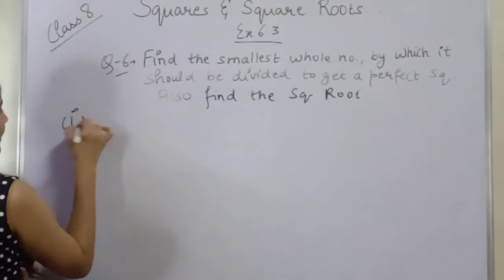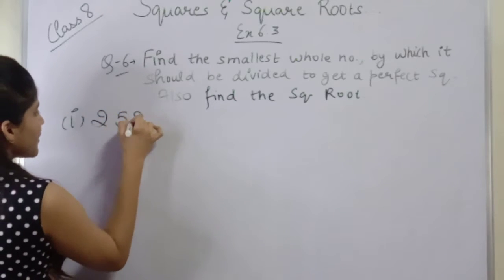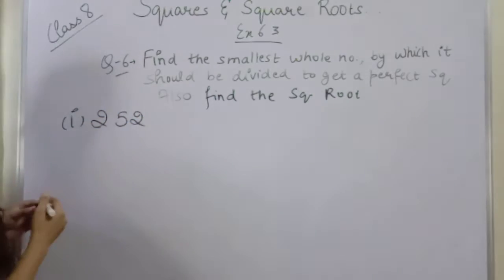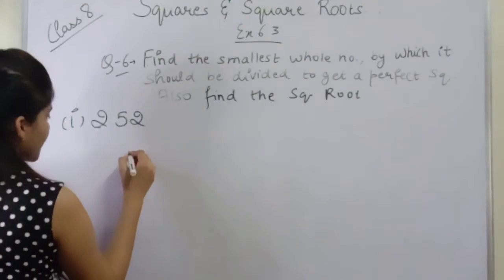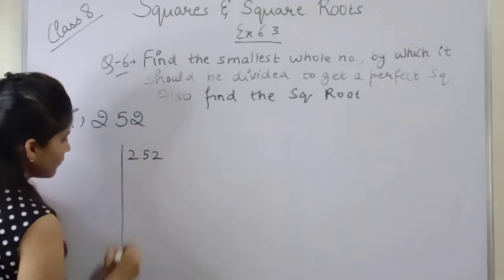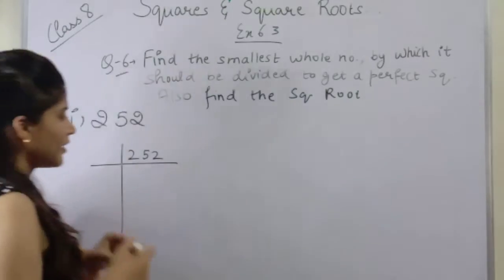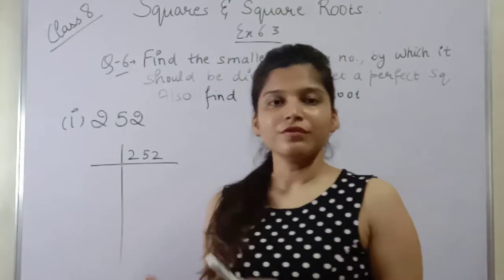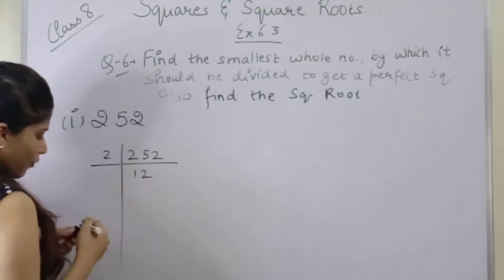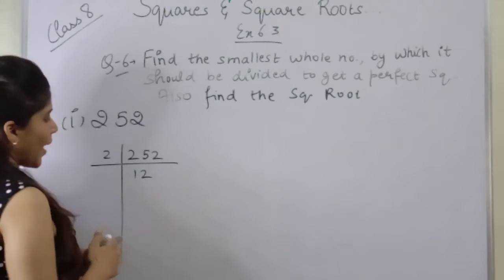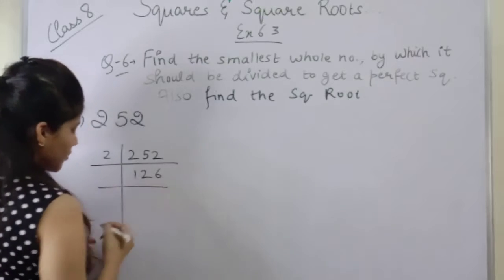The first part is 252. Now we will prime factorize this number, 252. This is an even number, so this is a multiple of 2. 2 1s are 2, 2 2s are 4, 2 6s are 12.